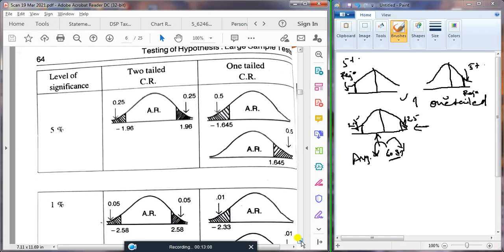Let me show you the one-tail concept and two-tail concept.